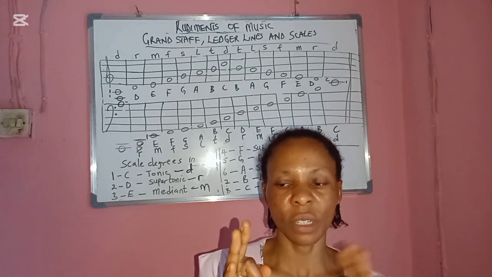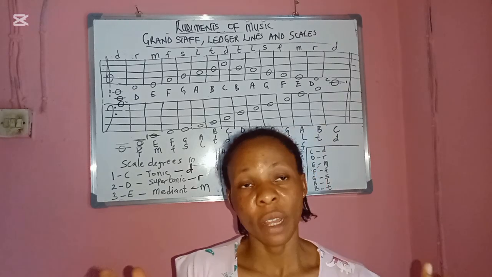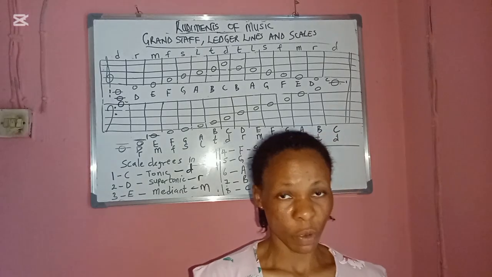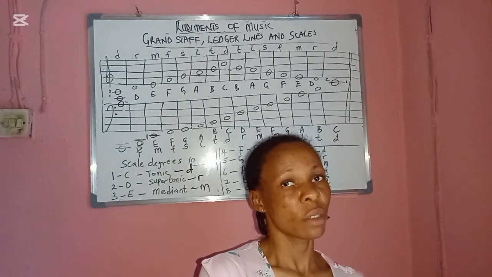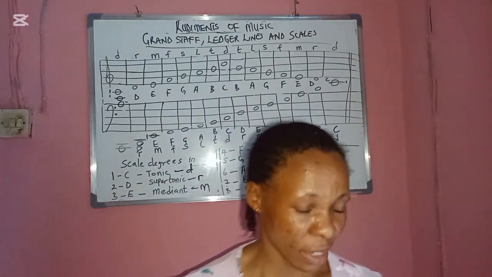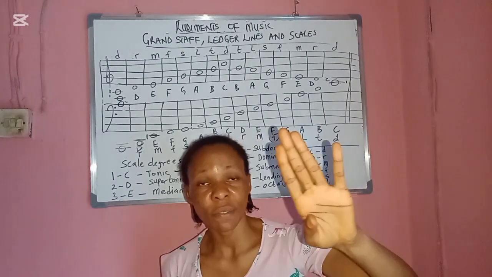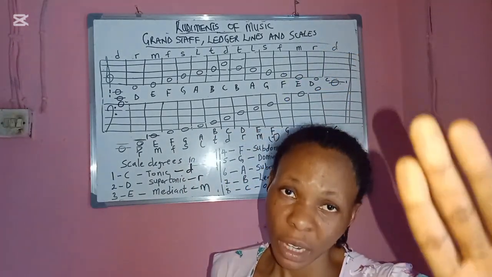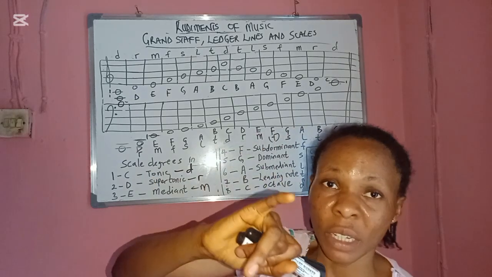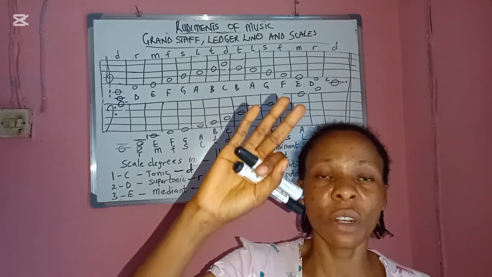And if it reaches another do, as from do to do, that means it's an octave. Like do, re, mi, fa, sol, la, ti, do, that's an octave now. Or do, ti, la, sol, fa, mi, re, do, that's an octave below. Okay, so I say do, tonic; re, supertonic; mi, mediant; fa, subdominant; sol, dominant; la, submediant; ti, leading note or subtonic; do, octave.